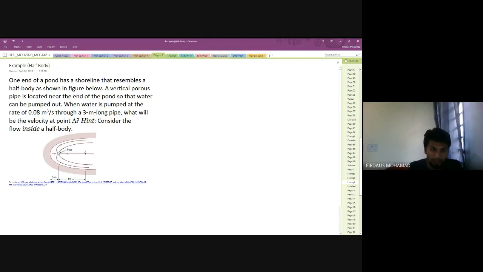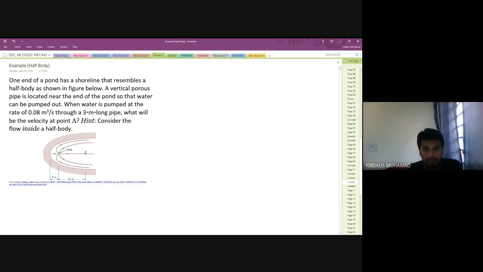So water will be pumped out, so it will become a source. When the water is pumped at the rate of 0.08 meter cube per second through a 3 meter long pipe, what will be the velocity at point A? Consider the flow inside the half body.